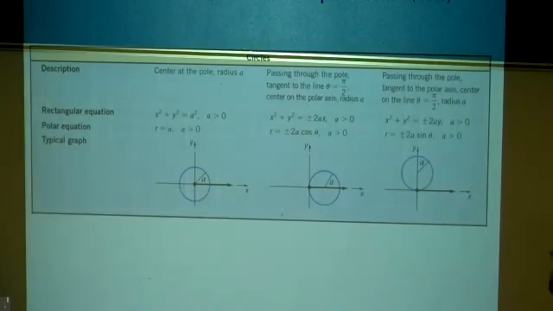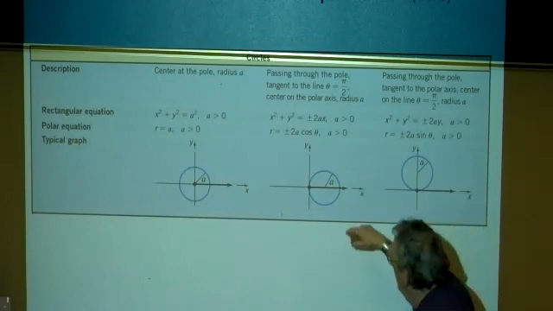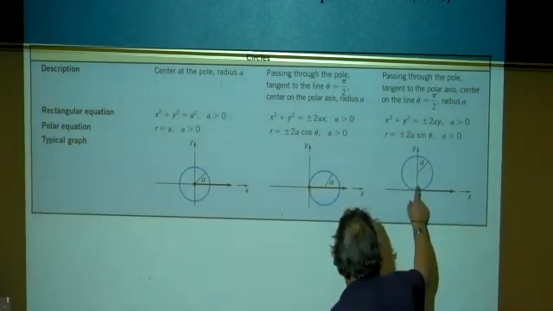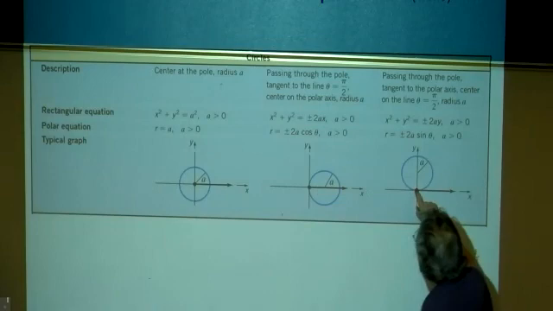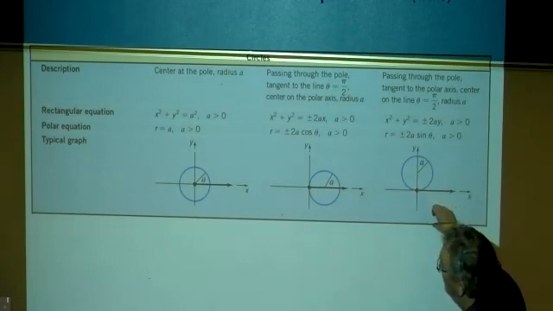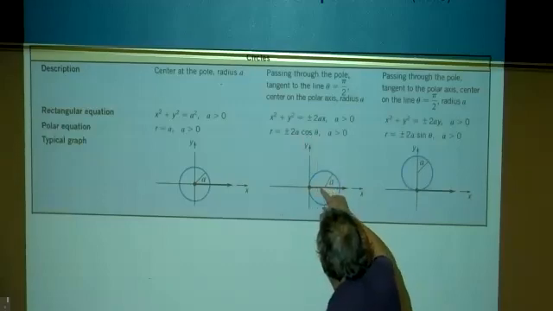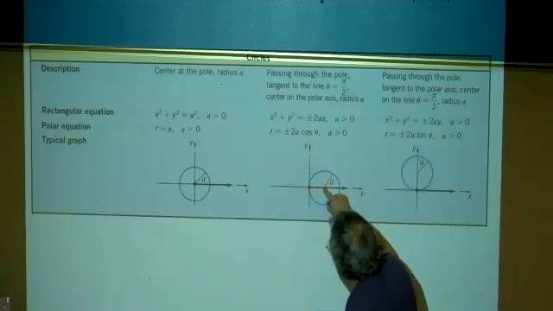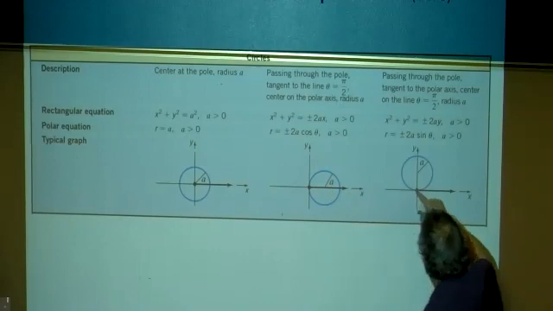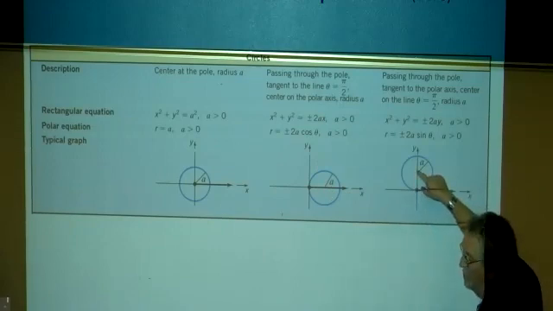And then with circles, here they're saying if it's going to be tangent to the pole, then that's what these two look like, depending upon whether the center is on the polar axis or on the vertical axis.